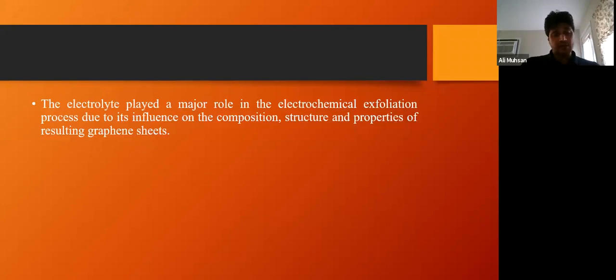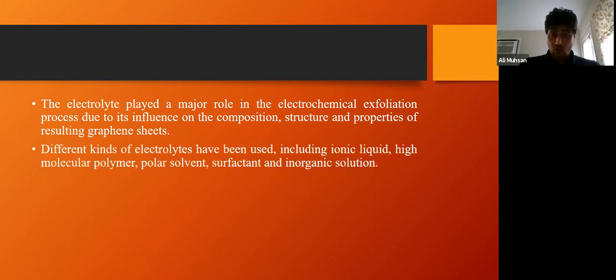The electrolyte played a major role in the electrochemical exfoliation process due to its influence on the composition, structure, and properties of the resulting graphene sheet. Different kinds of electrolytes have been used, including ionic liquids, high molecular polymer, polar solvent, surfactant, and inorganic solution.